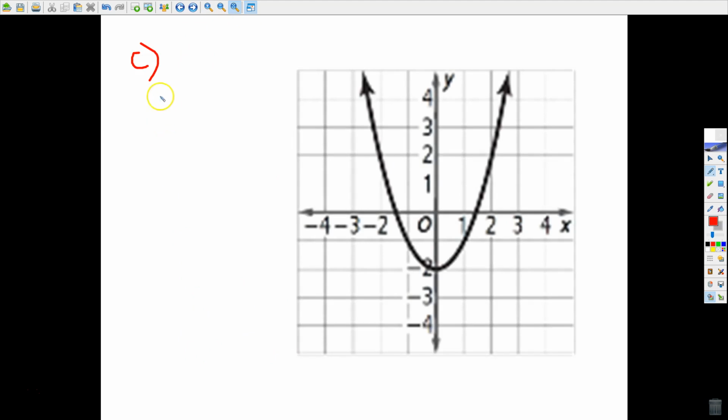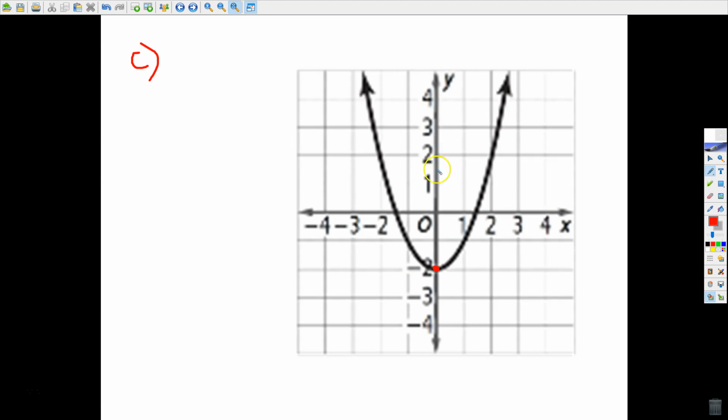Okay, another example of line symmetry. Notice if I go right through, this would be the vertex of the parabola. And this line that goes right through the vertex creates sameness or symmetry. It's a mirrored image.